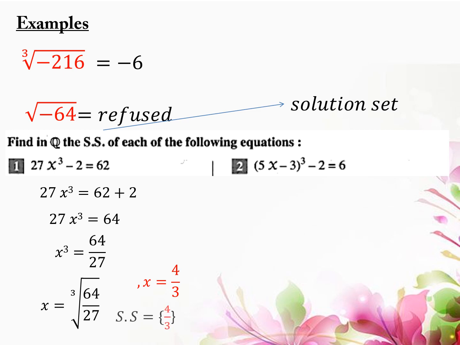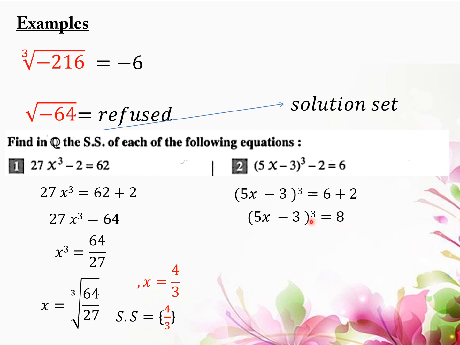The second example: (5x minus 3) power 3 equals 6 plus 2, moving negative 2 to the other side as positive 2. Then (5x minus 3) power 3 equals 8. Now I want to remove power 3 by taking the cube root on the right hand side.